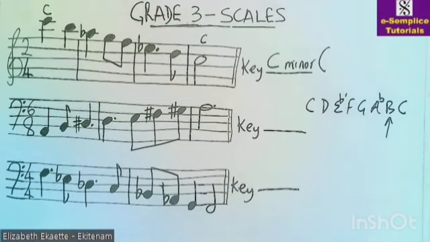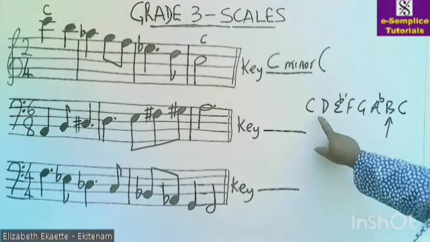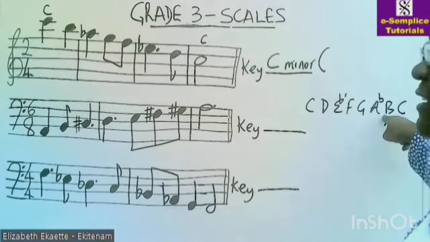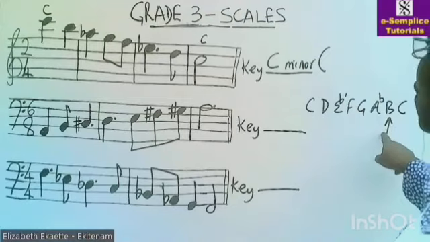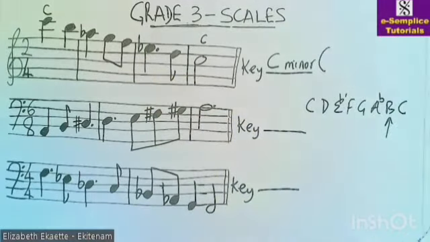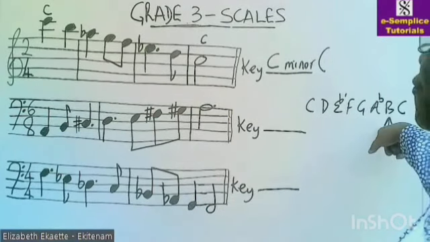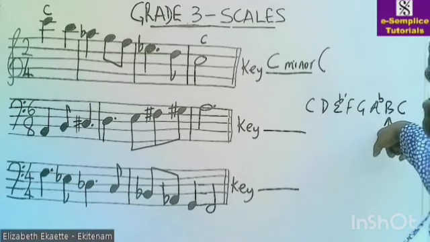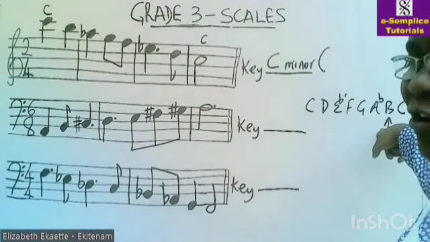Now, looking at this scale, you'll see the 7th note is raised. That is why we did not have a B flat in the scale. And that goes to proving that we are working with harmonic minor.